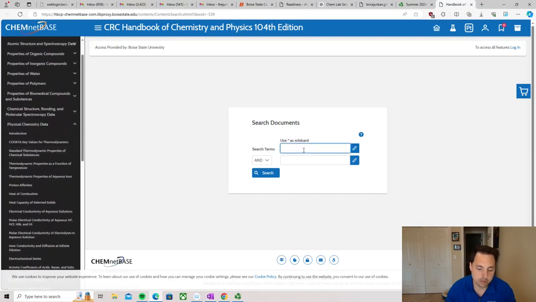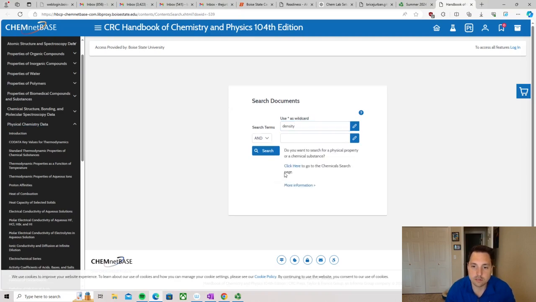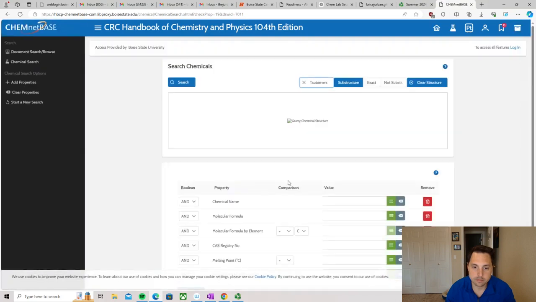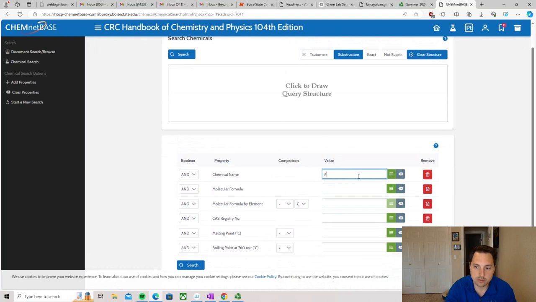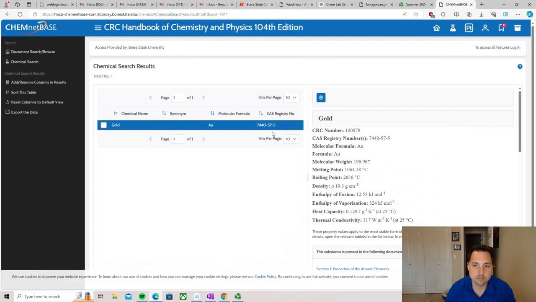We could just simply type in density and we'll find it. Okay, so let's say gold. And then we can find that the density of gold is 19.3 grams per cubic centimeter.